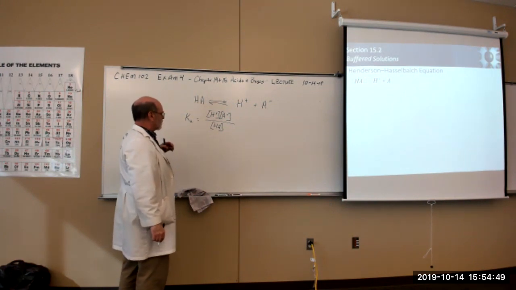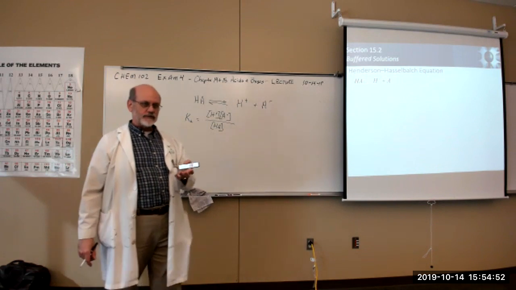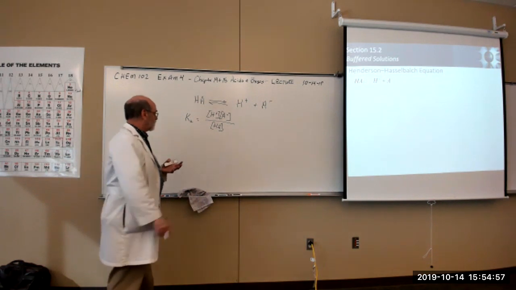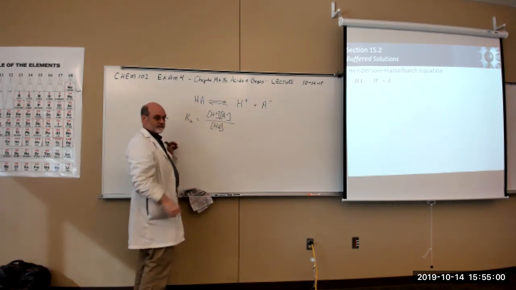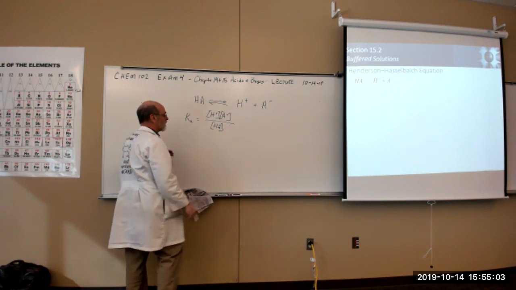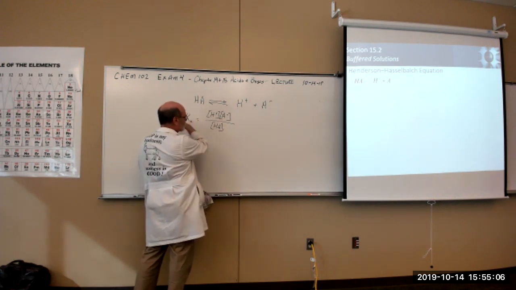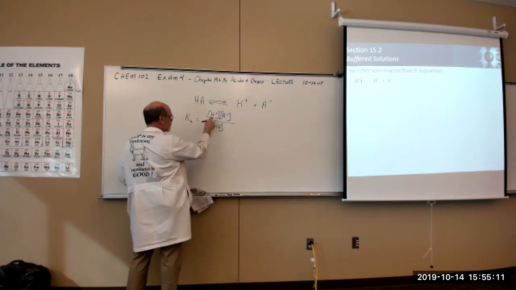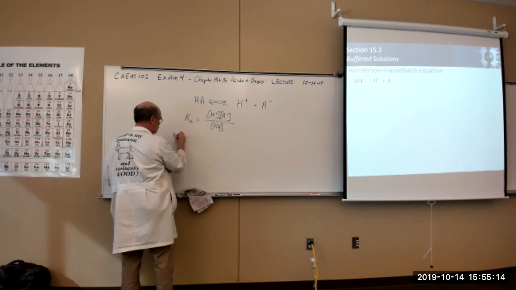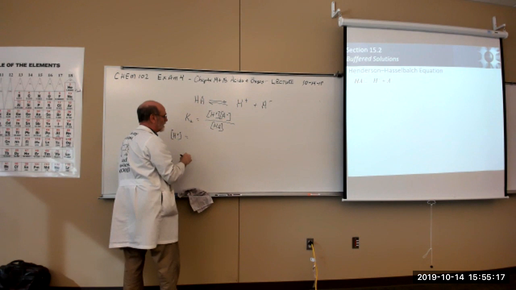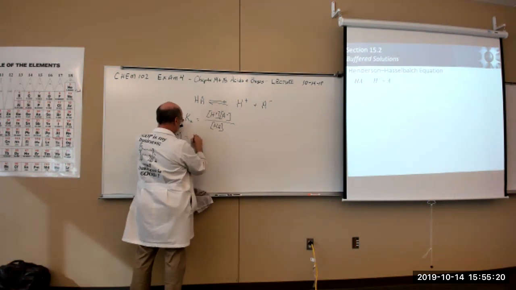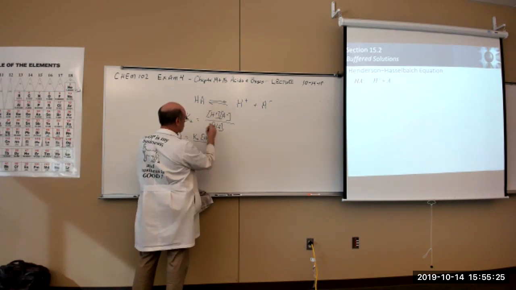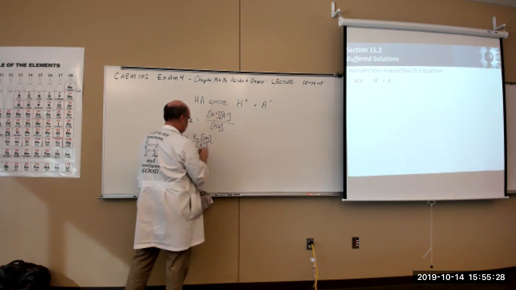If we want to find out in a buffered solution what the pH is, we're aimed at the H plus right here. So in an equilibrium situation, we want to put this one on one side and everything else on the other side. So if we put this one over here, that means H plus equals Ka times HA divided by A minus.